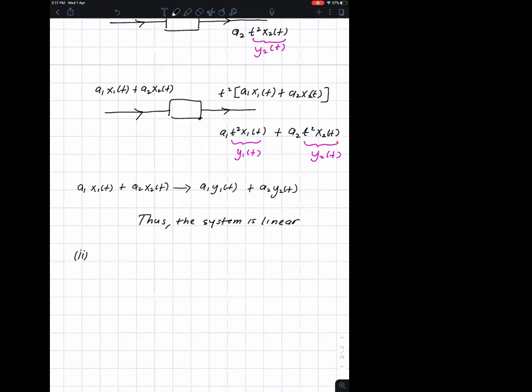So the next thing is, is this time invariant?